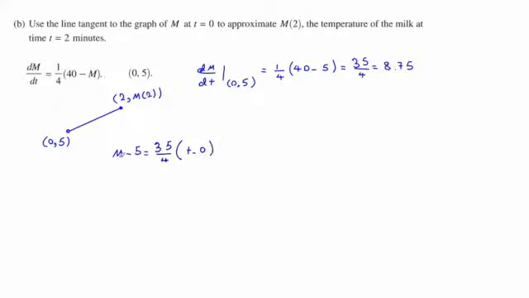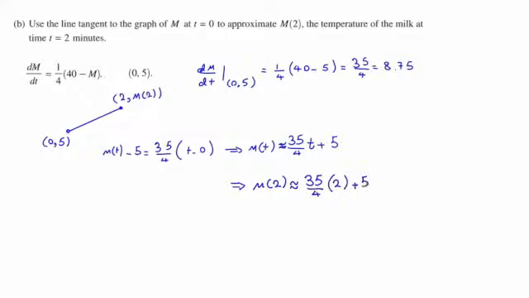And this one we can call m of t. So m of t equals 35 over 4 t plus 5. And then the problem says approximate, it is approximation with this line. So m of 2 is 35 over 4 times 2 plus 5.